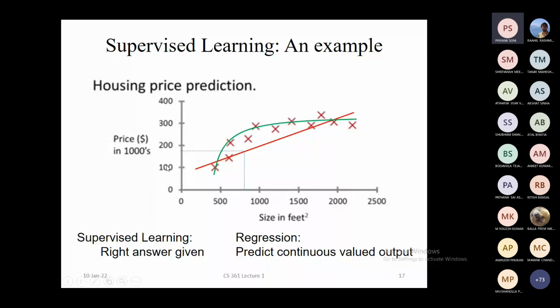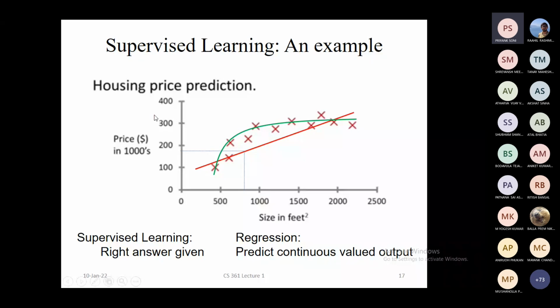And if this y-axis or output is discrete in nature, that means apple or not apple, or maybe bird or non-bird, or you can say amphibian, something like that. So discrete in nature, then in general we say it's a classification problem.